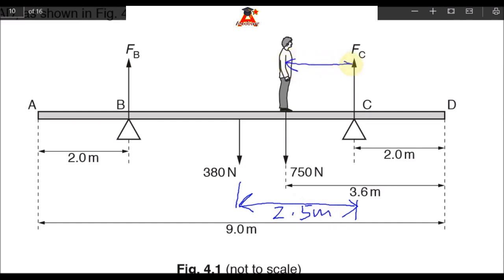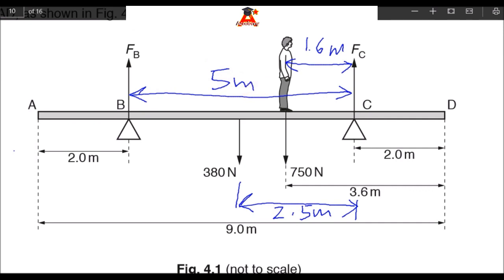That distance there is 1.6 meters. Another distance that we need is the distance of the force FB from the pivot. That distance there must be 5 meters.